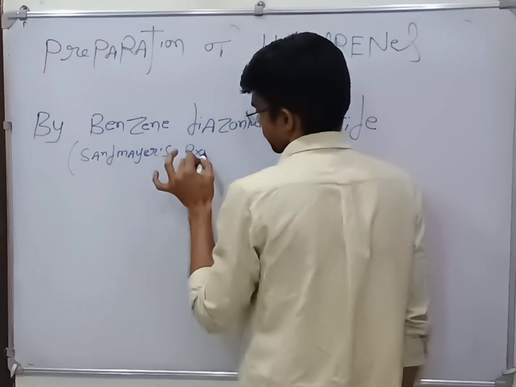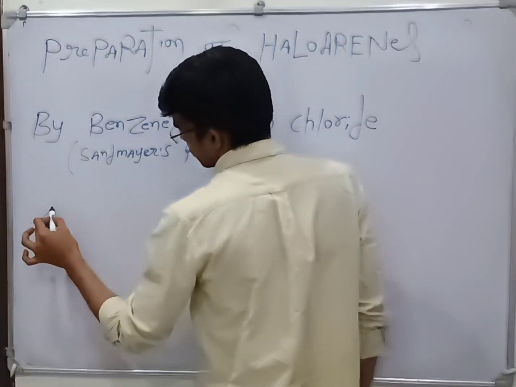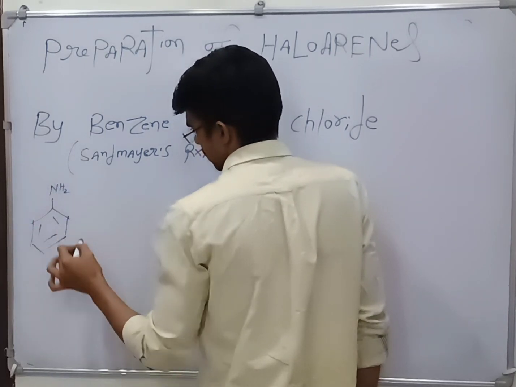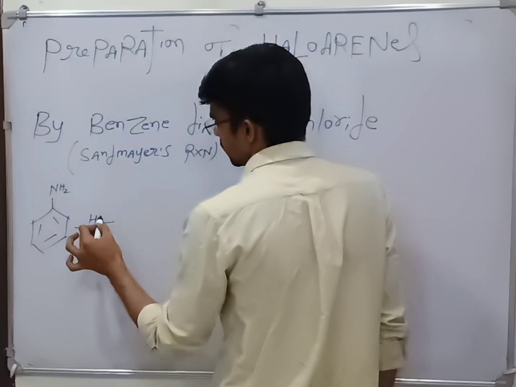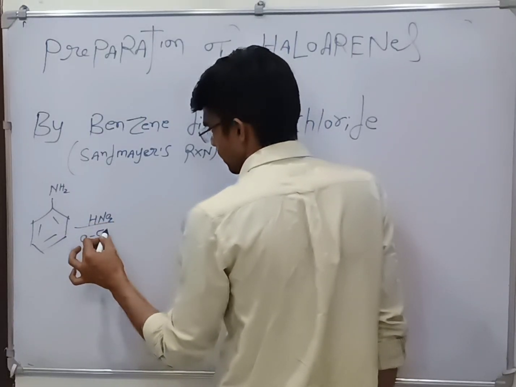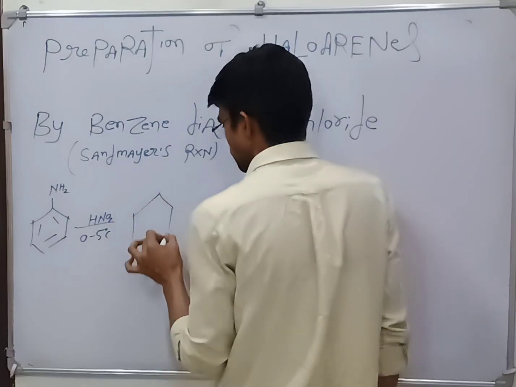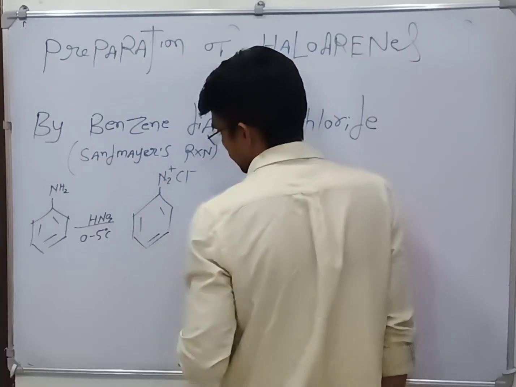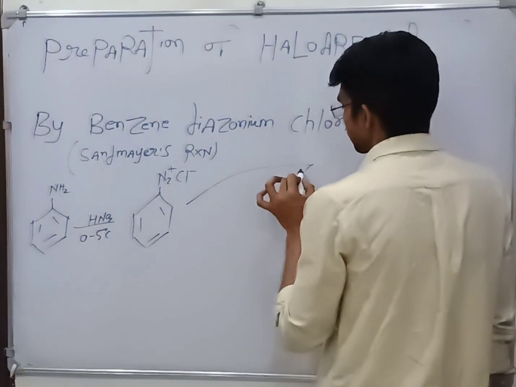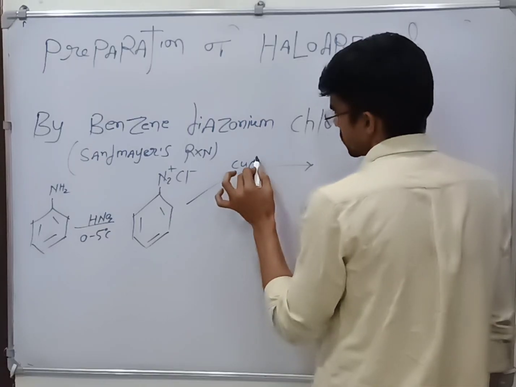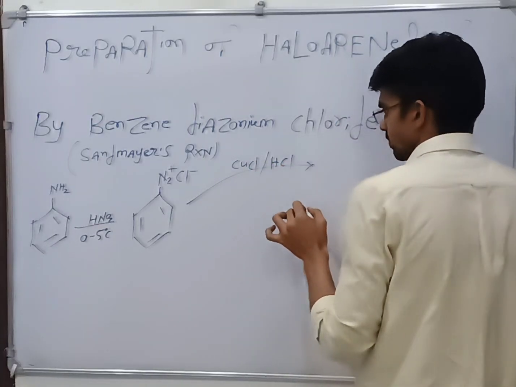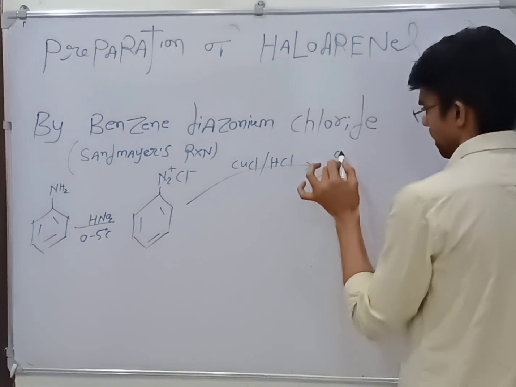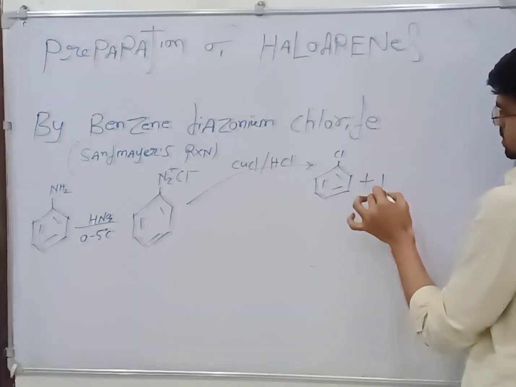Whenever we react benzene or aniline with HNO2 at 0 to 5 degrees Celsius temperature, it gives us benzene diazonium chloride, that is N2+ Cl minus. Now when we react it with CuCl/HCl, it will give us chlorobenzene, plus nitrogen gas will be released.